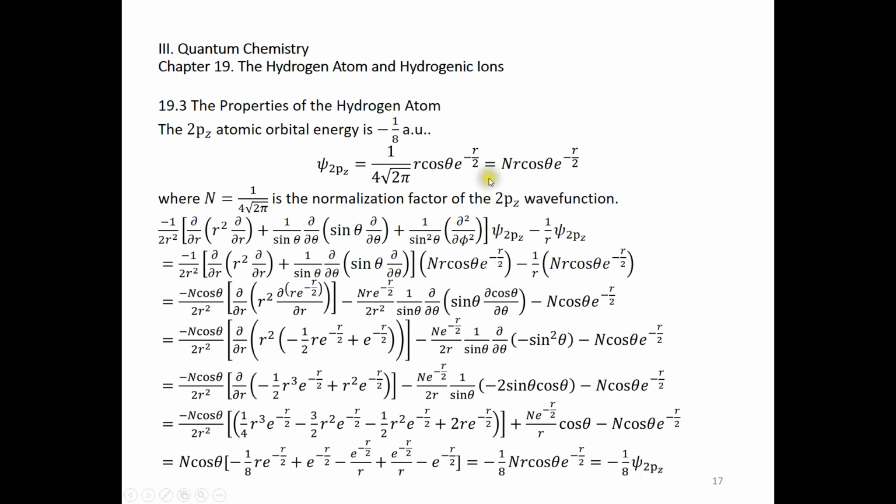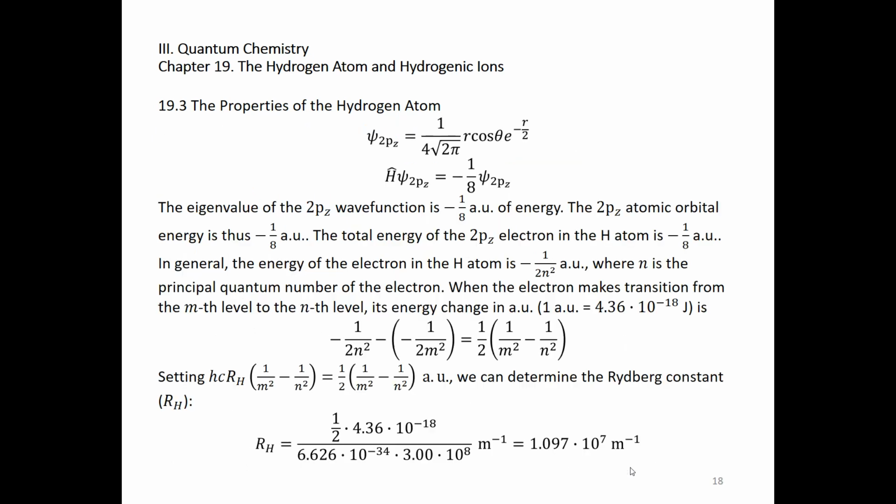One is indeed this is an eigenfunction of the Hamiltonian for the hydrogen atom. And number two, the eigenvalue is negative 1 over 8. That means the energy of the electron is negative 1 over 8 in atomic units. And one atomic unit is 4.36 times 10 to the power of negative 18 joule. It's just a constant.